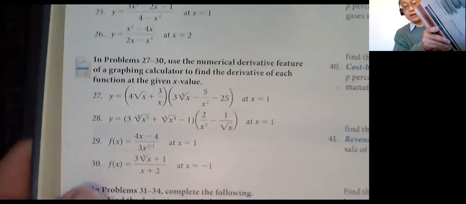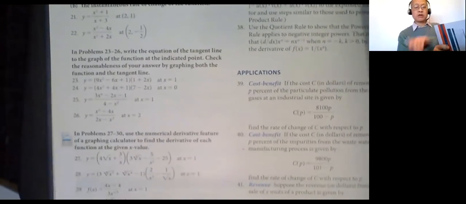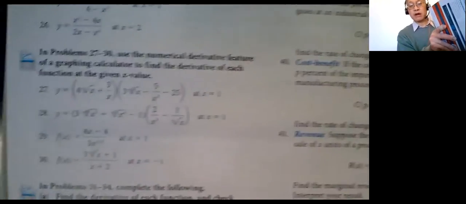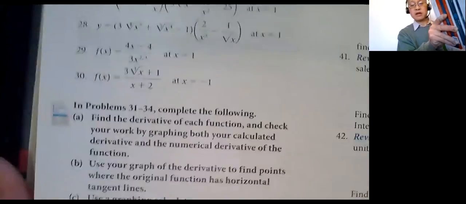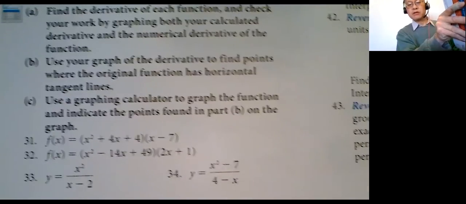And again, if you ever see the graphing calculator icon, ignore that part. We still might be able to take a derivative, but don't worry about doing any graphing calculator stuff. Same thing there. So 31, 32, 33.